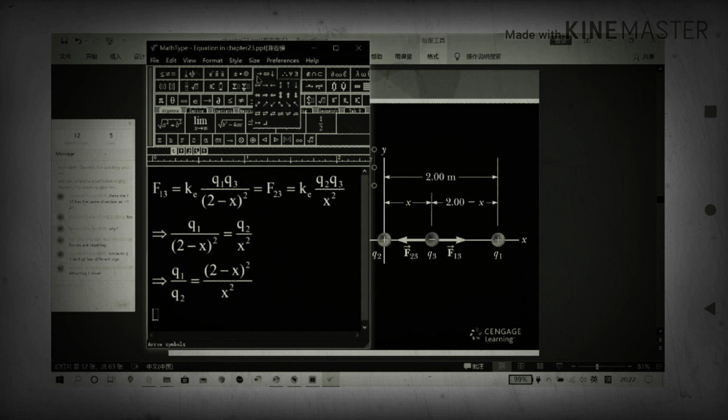Then, what else can we do? Since Q1 and Q2 are both positive, we can take a square root. So let's do this.